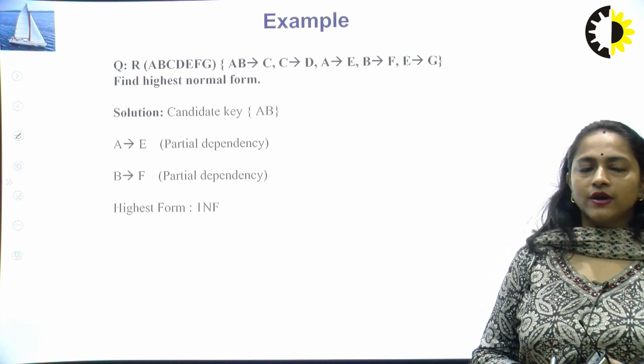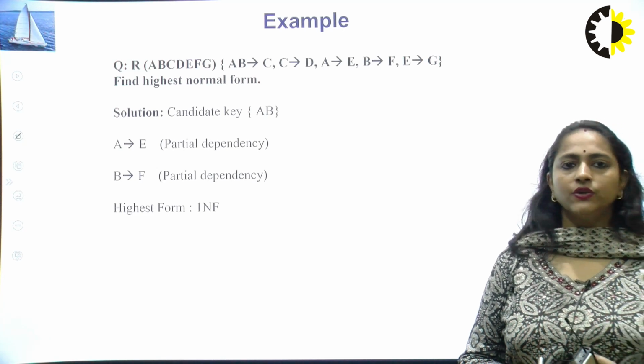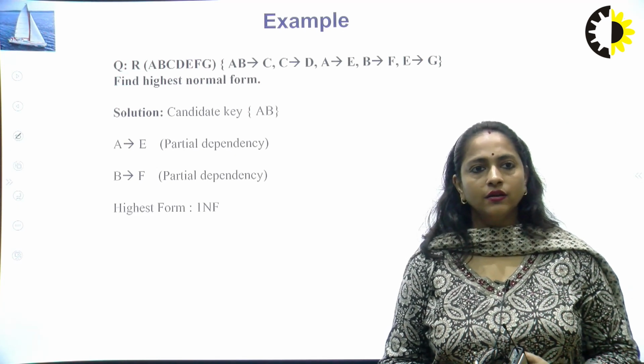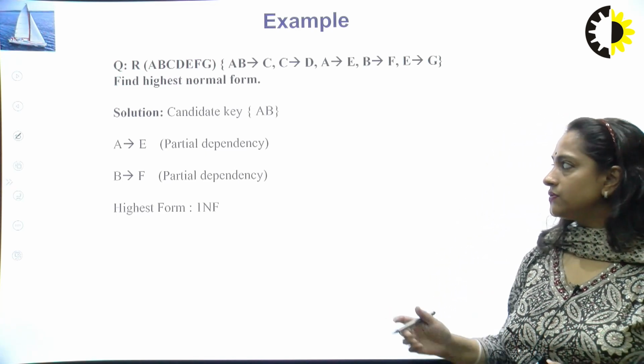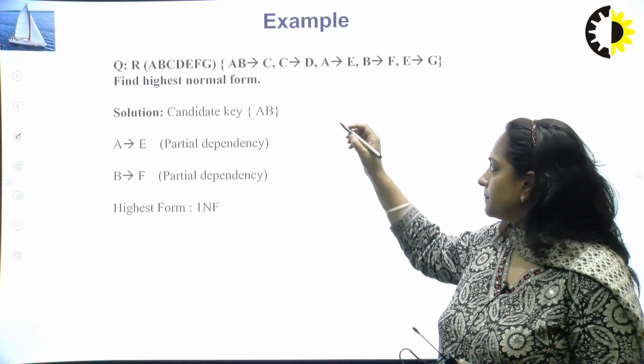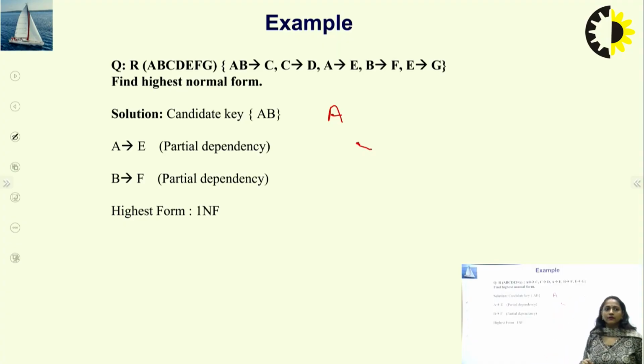So let's try this. First, we need to find the closure set so that we can determine the candidate key. Let's try the different combinations. If I try single attributes and find the closure, for A, the closure of A will be A, and A derives E, and E derives G, so G will be there.